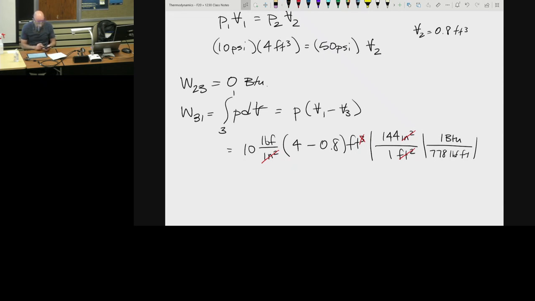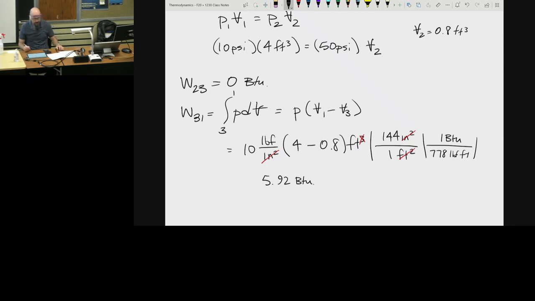So if we do this, 10 times 4 minus 0.8, divided by 778, times 144, this gives me 5.92 BTUs. And it's positive.